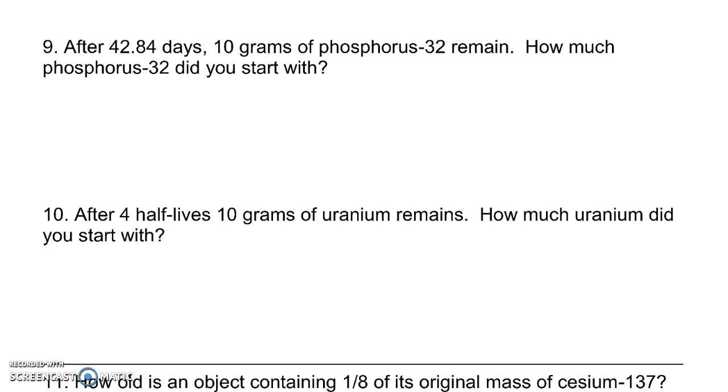All right, number 9. So looking at number 9, how much phosphorus-32 did you start with? Now this 10 grams that they gave us, that's what we ended with after it got cut in half however many times. They want to know what we started with. So again, guys, they're giving us the total amount of time that went by.